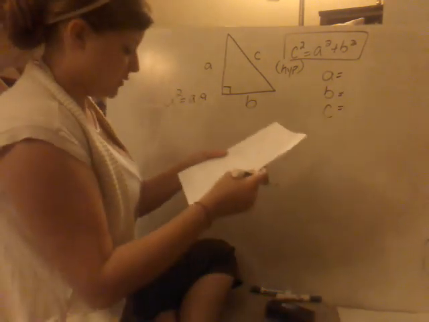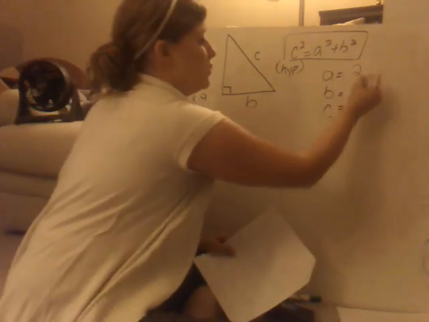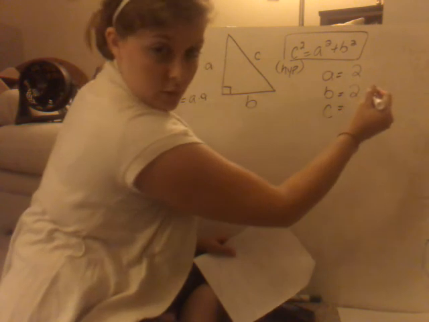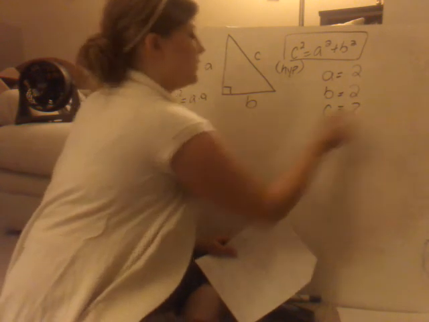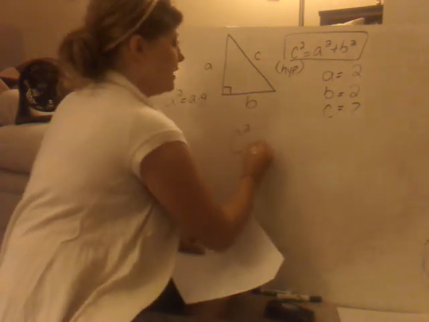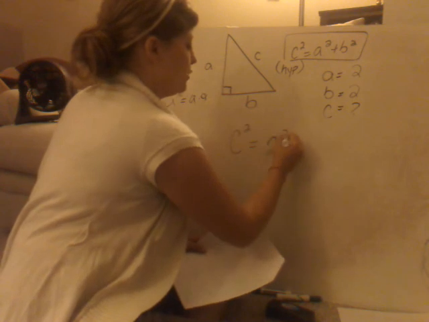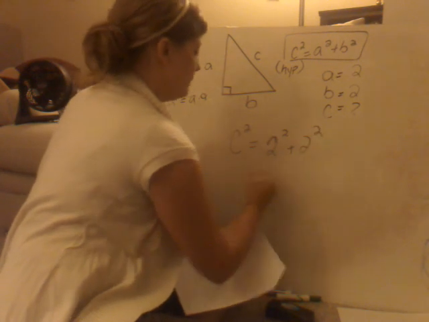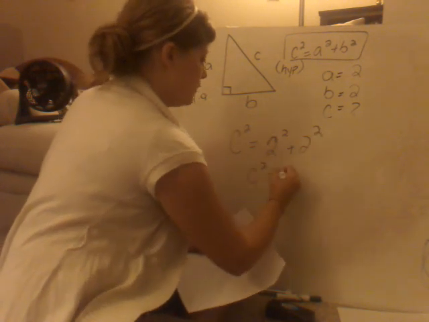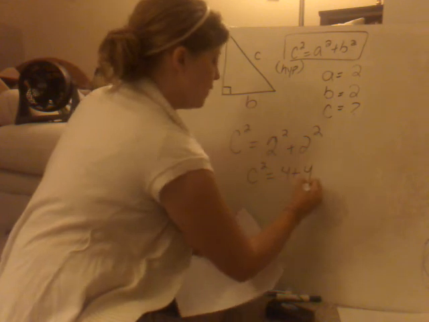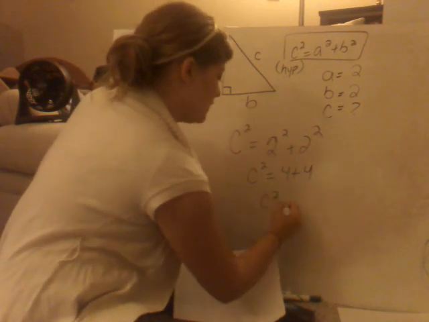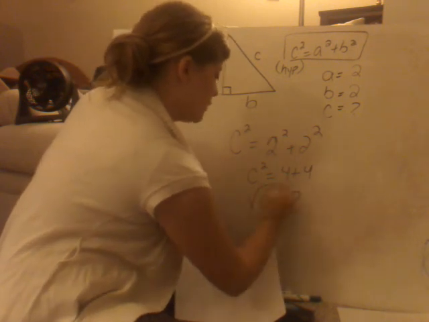Okay, so next is number 23. I tell you that A is equal to 2, and B is equal to 2. And we're looking for C. So I've got C squared is equal to 2 squared plus 2 squared. C squared is equal to 4 plus 4. C squared is equal to 8. I take the square root.